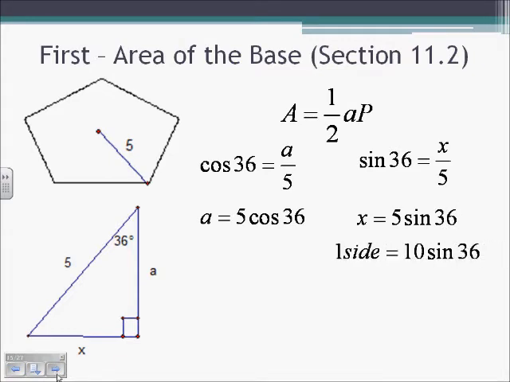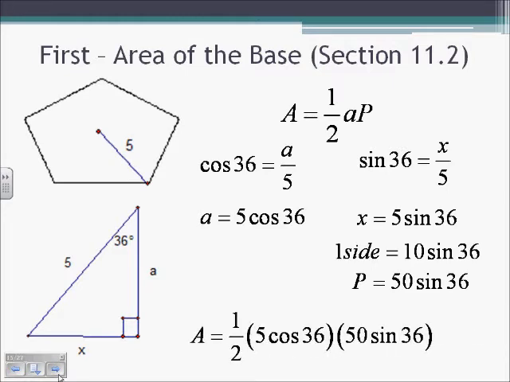Alright, so if x is equal to 5 sine of 36, we know one side of our pentagon is going to be equal to 10 times the sine of 36. But we don't just want one side of the pentagon, we want the perimeter of that pentagon. So we're going to need to multiply that by 5 to get 50 sine of 36. So now we know the area of our pentagon is going to be equal to 1/2 our apothem, which is 5 cosine of 36, times our perimeter, 50 sine of 36, excuse me.